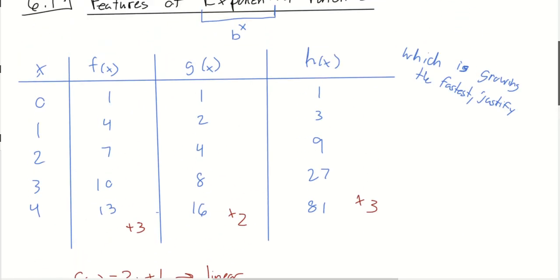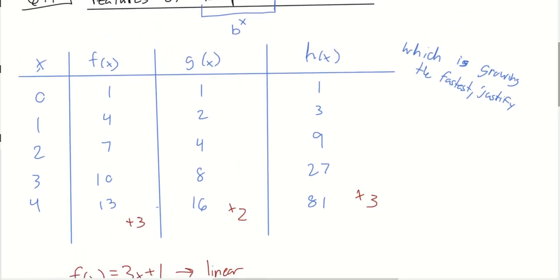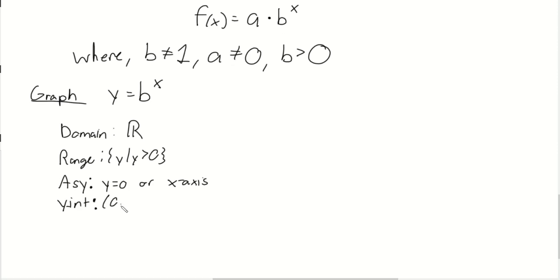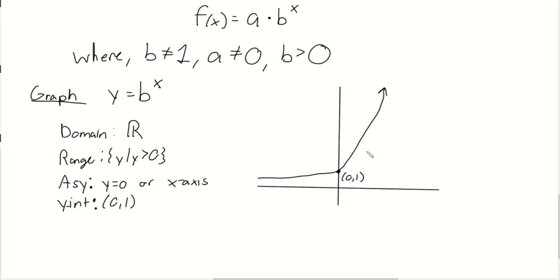And if you saw over here in our g of x, it was also 0, 1. It's going to be the same y-intercept. So whenever you have this graph, it's going to have this point 0, 1. If we just have b by itself, and then shoot up like that, more curving. But we have an asymptote right at the x-axis.